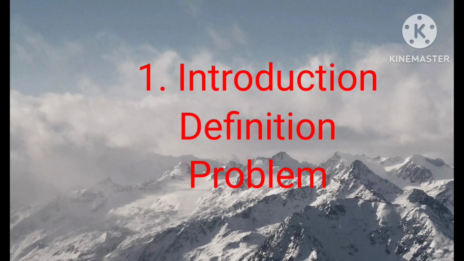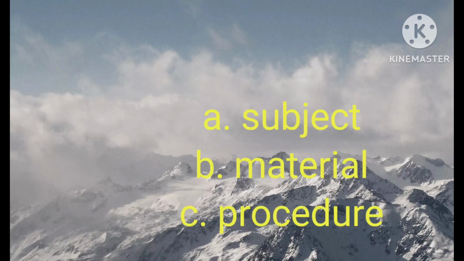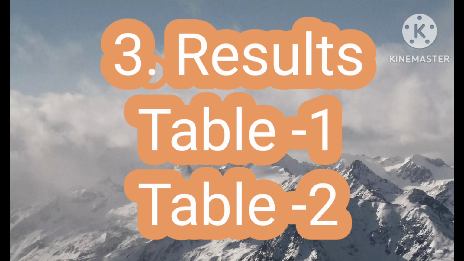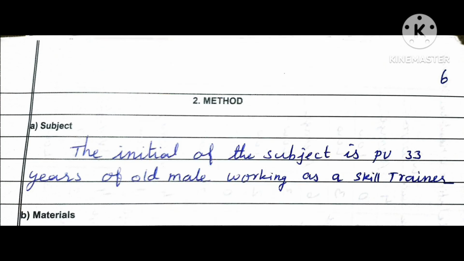Here the problem is to assess the fundamental interpersonal behavior orientation of an individual. That means how the person maintains relationships with others in the working place or in the neighborhood. Next step, method, materials: FIRO-B scale of Shutz, answer sheet, scoring key and norms, and procedure.